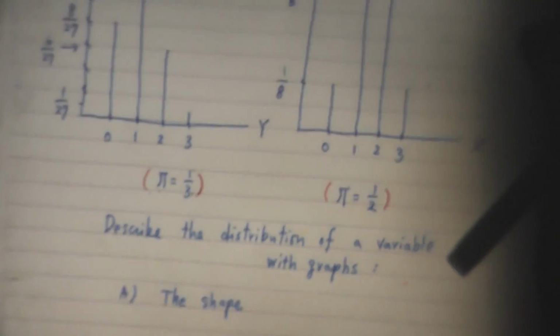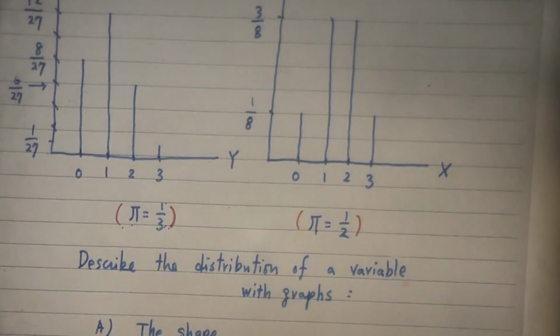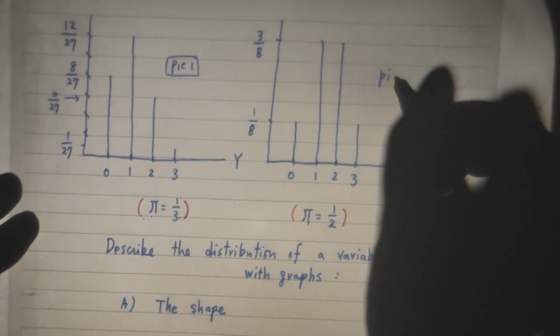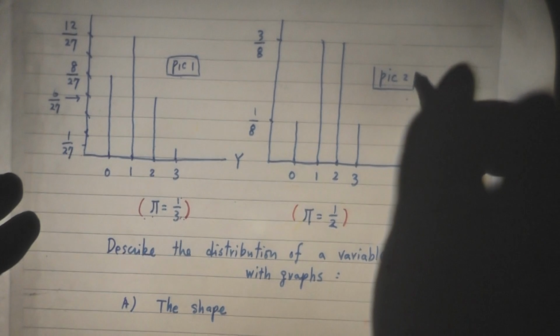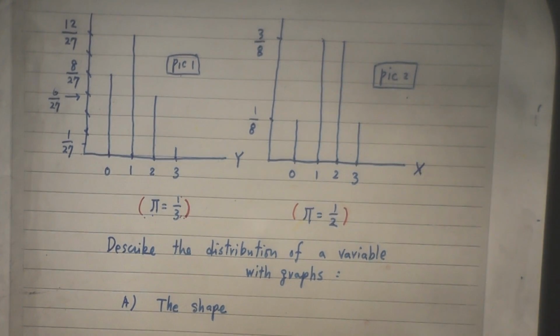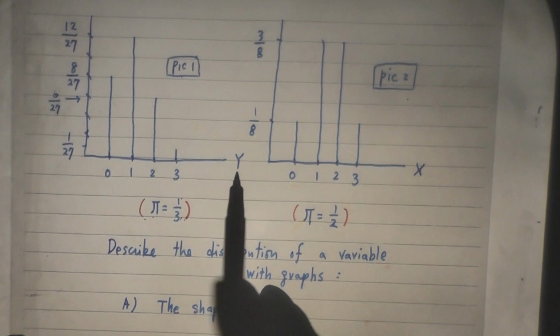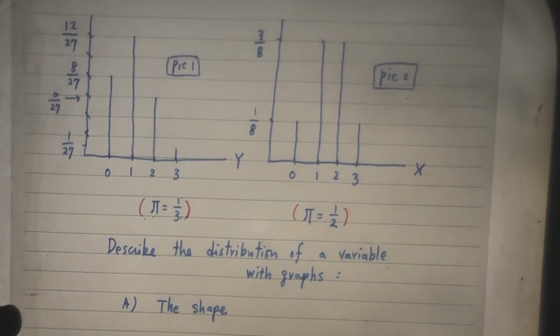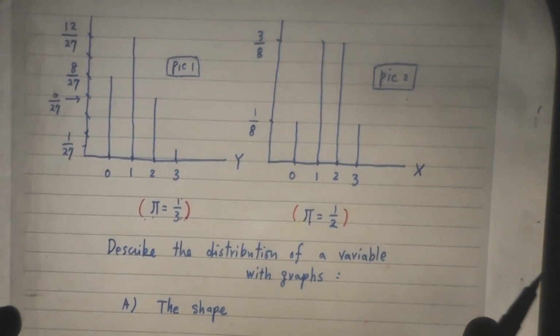Let's revisit the graph here. I call the first one picture 1, and this one picture 2. Picture 1 is the distribution of Y. Picture 2 is the distribution of X. So how can we describe picture 1?